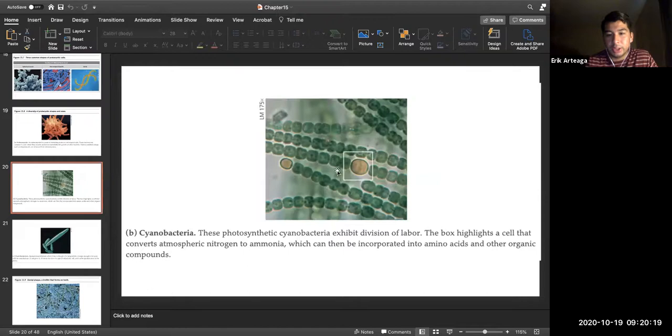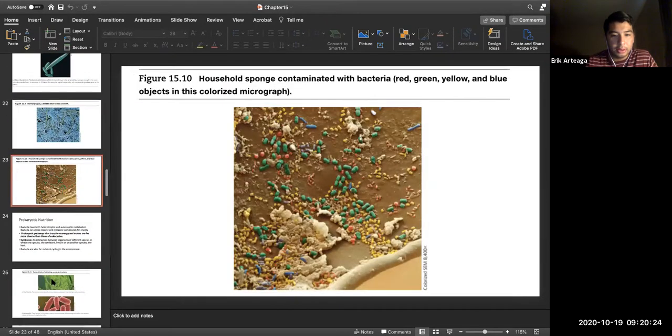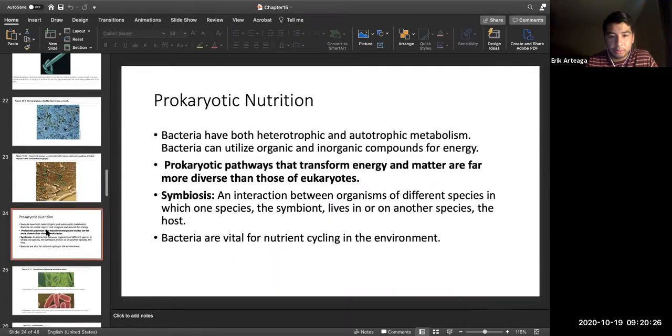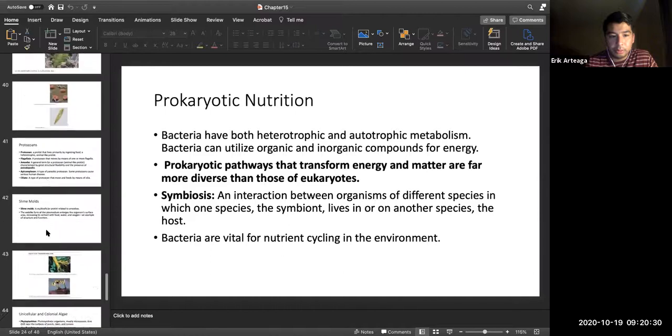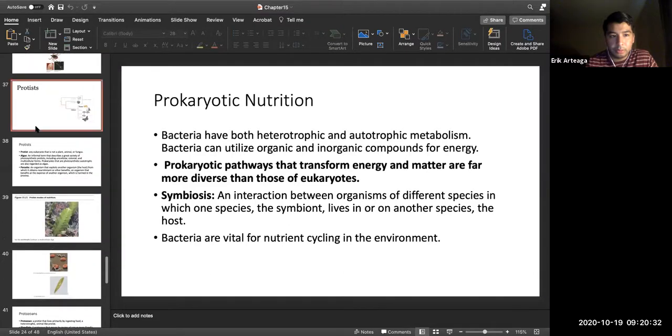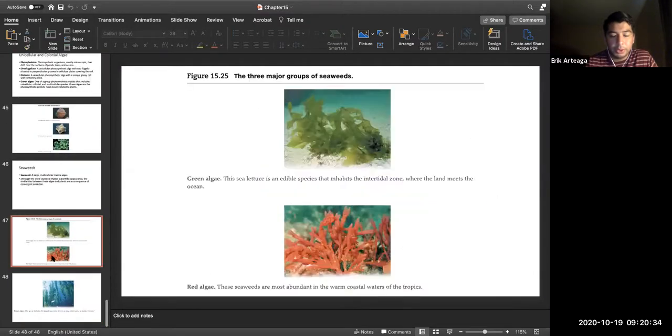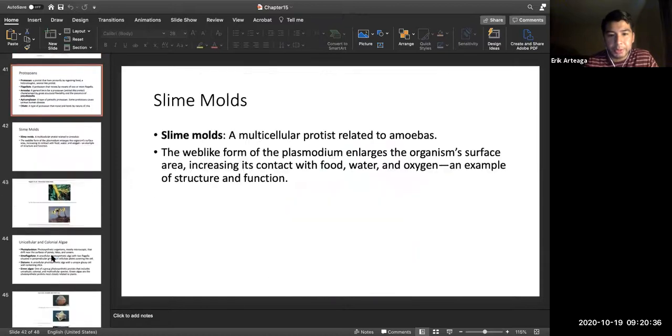Cyanobacteria, again, it's photosynthetic. These are heterocysts. These are nitrogen fixing. Yeah, so go through these. This is just, I think most of it's memorization.